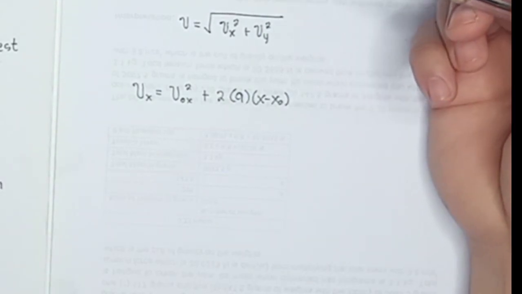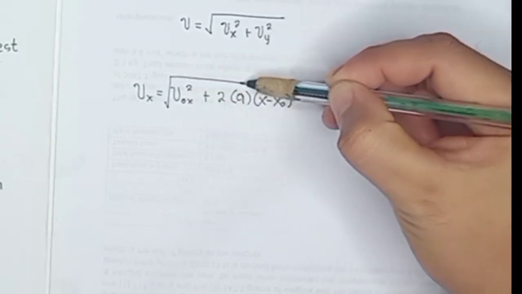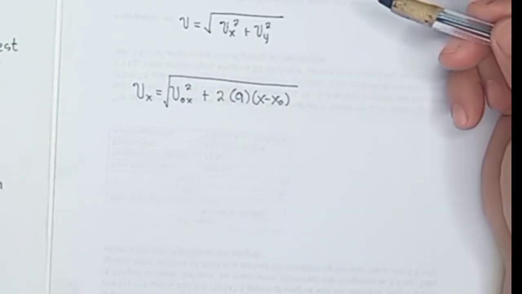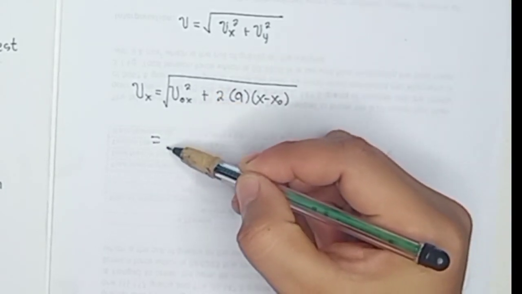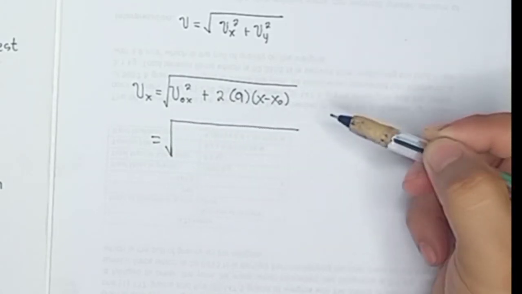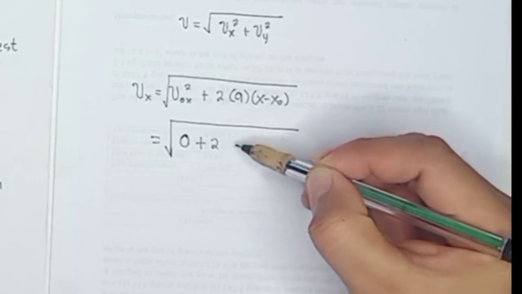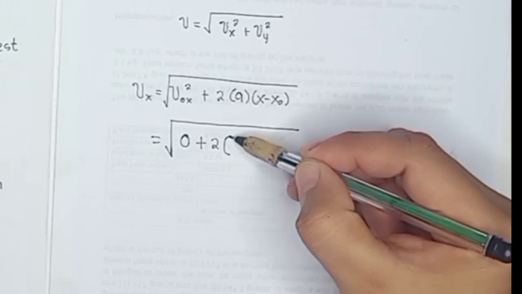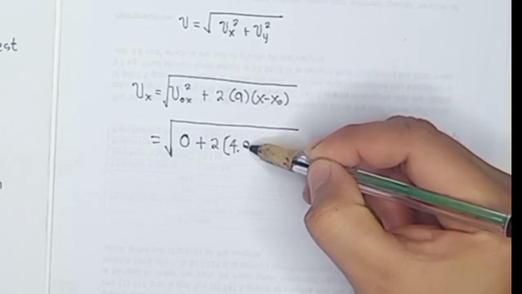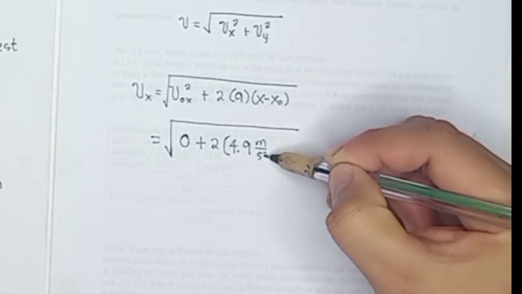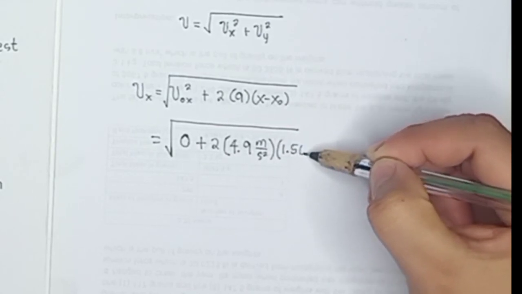That is, vx is equal to the square root of v sub Ox squared plus 2a times x minus x sub O, wherein v sub Ox is equal to 0 because the box starts from rest. So this is equal to 0 plus 2 times the acceleration of the box, which is equal to 4.9 meters per second squared, times the length of the ramp, which is 1.50 meters.